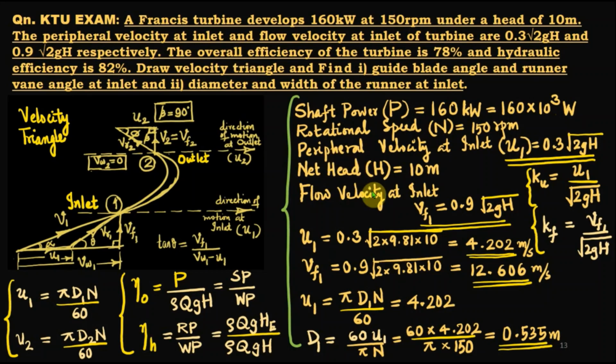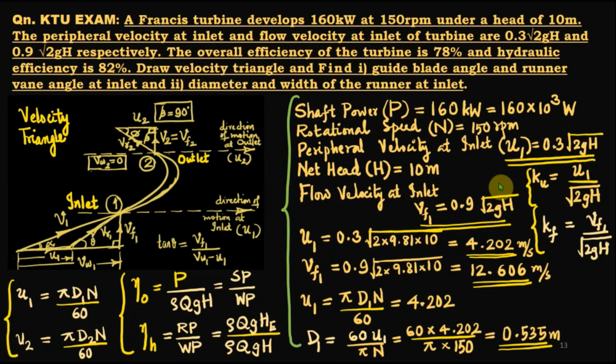So u1 is equal to 0.3 times root of 2gh. The expression is given. And the flow velocity at inlet, that is the flow component or radial component of velocity at inlet, is Vf1, and Vf1 is equal to 0.9 times root of 2gh. So the expressions are given.